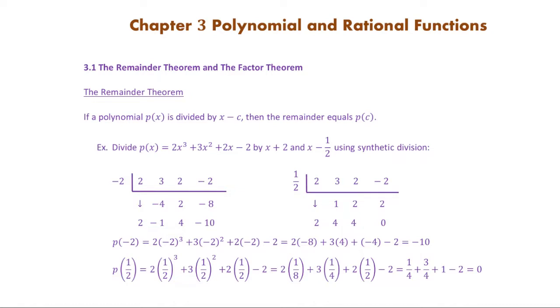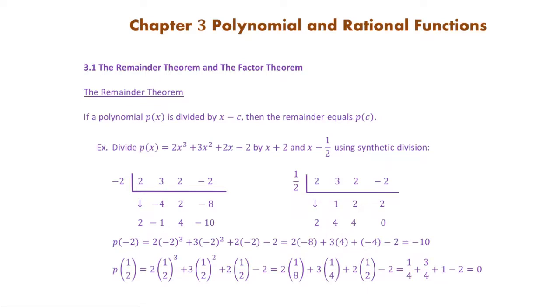The negative 2 comes from x plus 2. If you rewrite x plus 2 as x minus negative 2, then c is negative 2. You just put negative 2 on the left. And then you do a synthetic division.